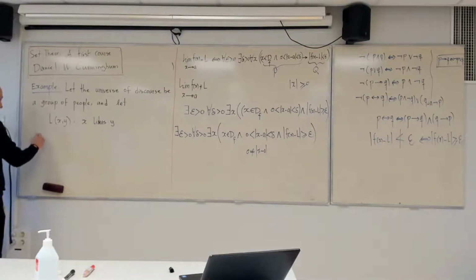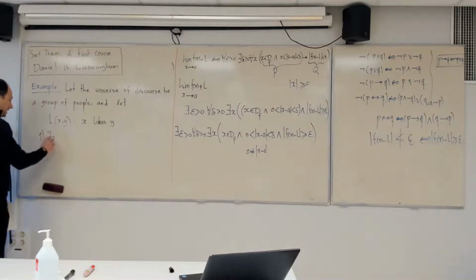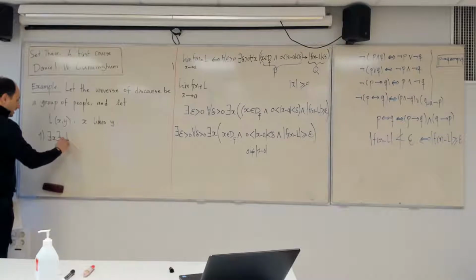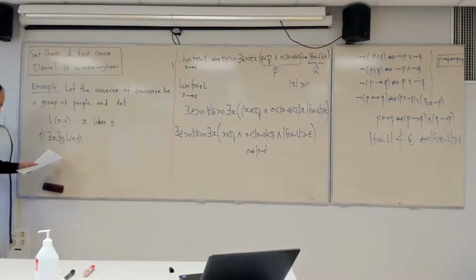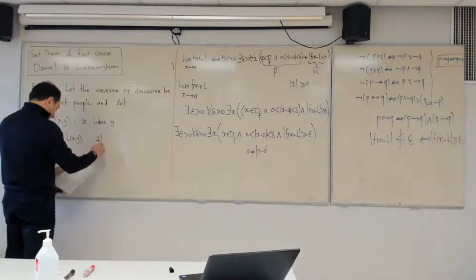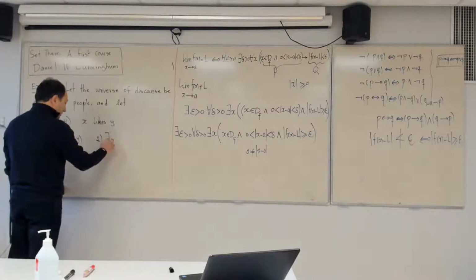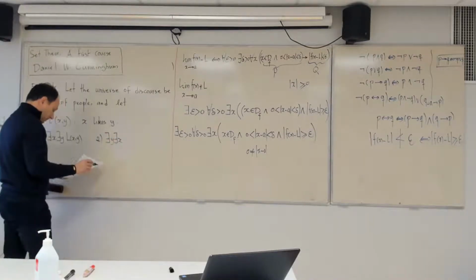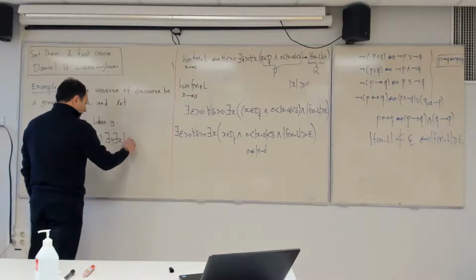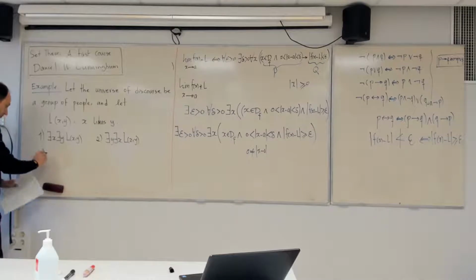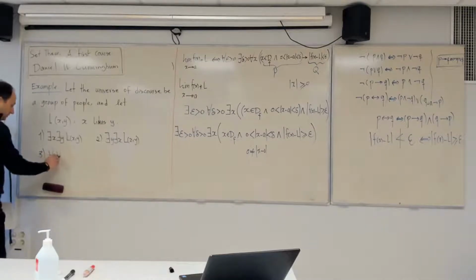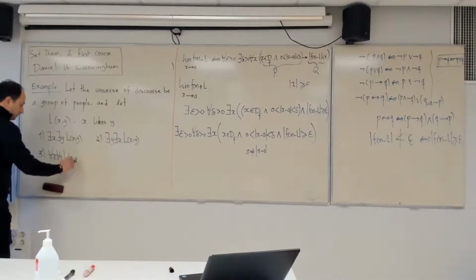Now, we want to talk about these quantifiers. We want to read these in proper English. So number 1, there exists x, there exists y, L(x, y). Number 2, there exists a y, there exists an x, such that L(x, y). Number 3, for all x, for all y, L(x, y).